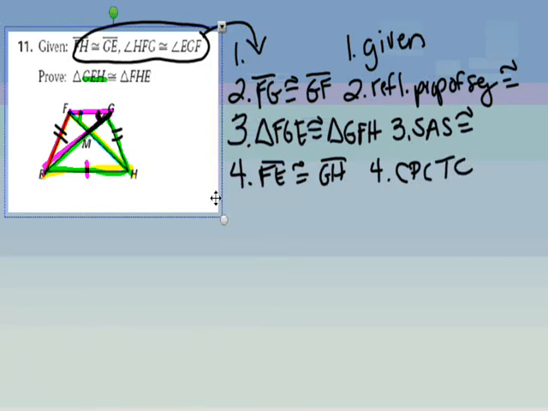All right, so now in this big triangle, we've got this side, but we didn't mention this side, so we need to go ahead and talk about that side right there. So we need to say that EH is congruent to HE, and that again is my reflexive property.